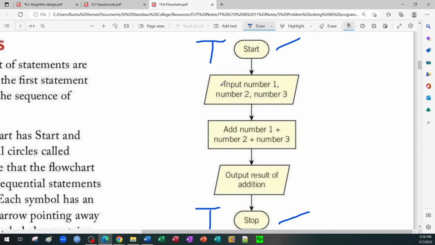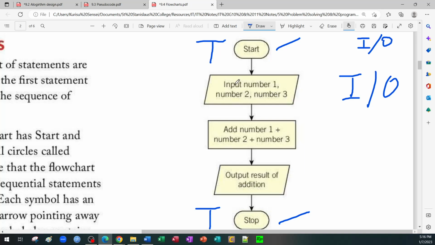Notice here in this example, remember parallelogram is for input and output. Whenever you see I/O, that is usually an indication of input output. It's a shortened form of input output.